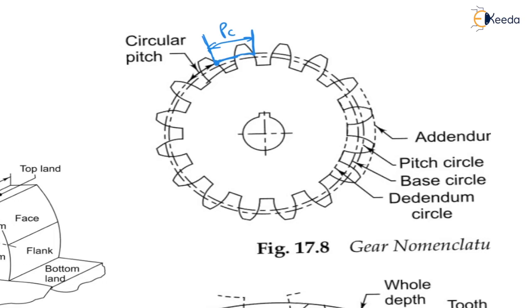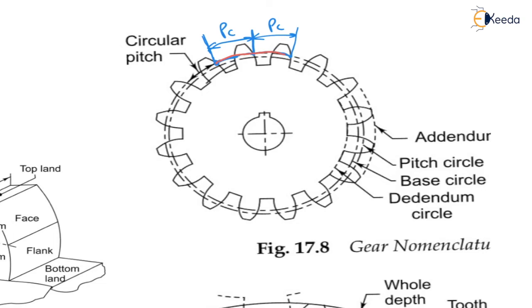Now you can imagine here, in circular pitch, from here to here there is only one tooth. If I go for another circular pitch, from this point to the same point on the nearest tooth, this distance is another circular pitch, PC, right? Now see again, from here to here, this is 2 PC.